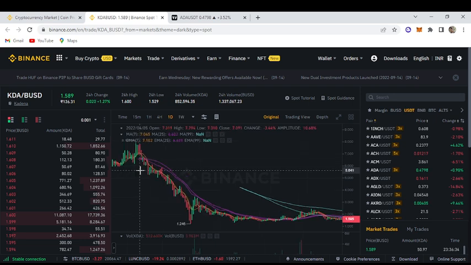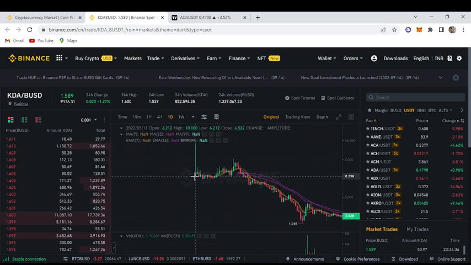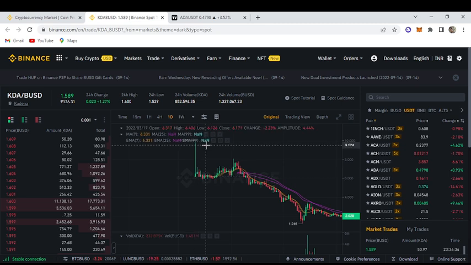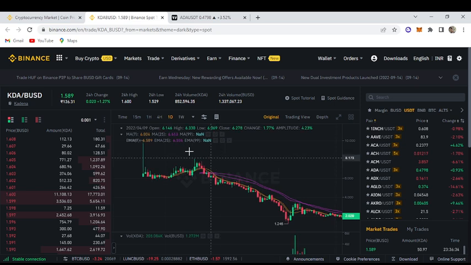That's pretty impressive. When it got listed at $6, it pumped to around 9.6, which is around $10. That's like 2X, 100% growth for listing on Binance. That's pretty good.